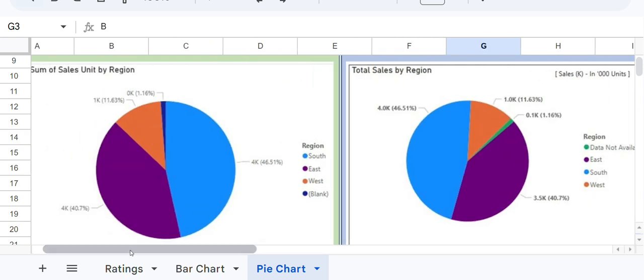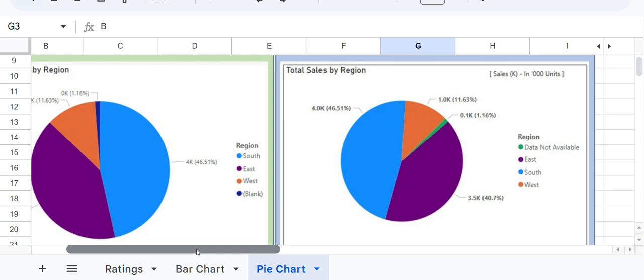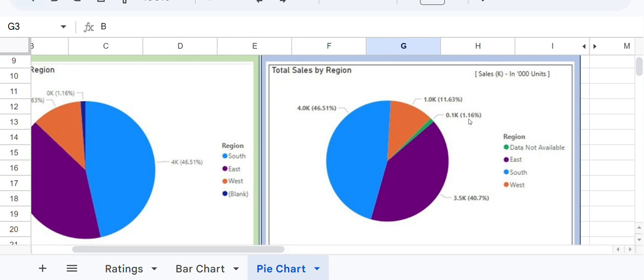Then come the data labels. If you can see here, 1K, 0K, oh wow, 0K. Is it possible? It's better to have one or two decimals to make the data more meaningful.